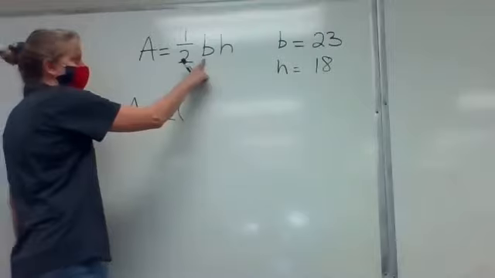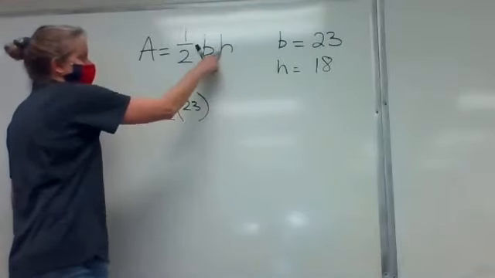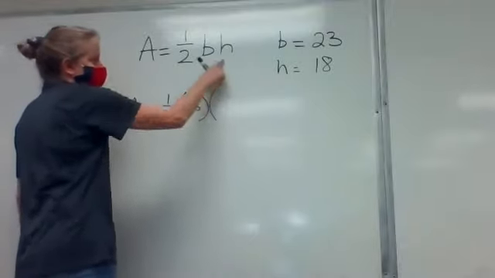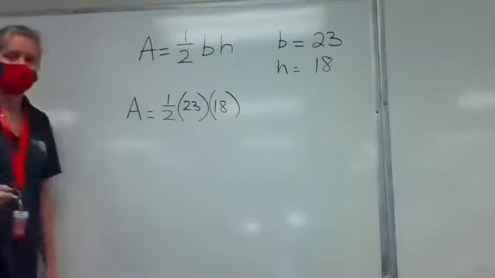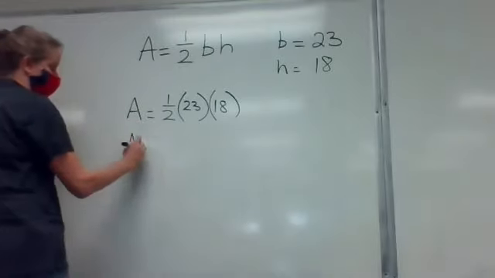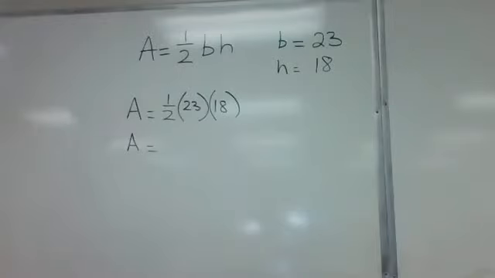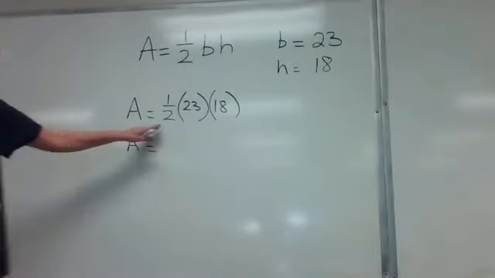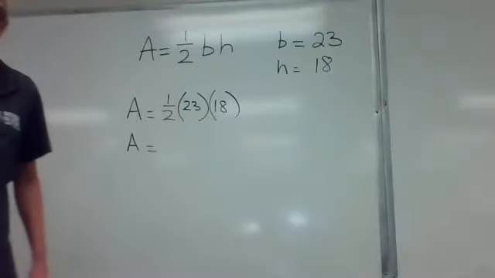So let's see. Do I know what lowercase b is? Yeah, it's 23. Do I know what lowercase h is? Yes, it tells me it's 18. It wants to know what A is. Again, A is already all by itself, so if I can just do the math on the right, I'll be done, right? Whatever 1/2 times 23 times 18 is my answer.